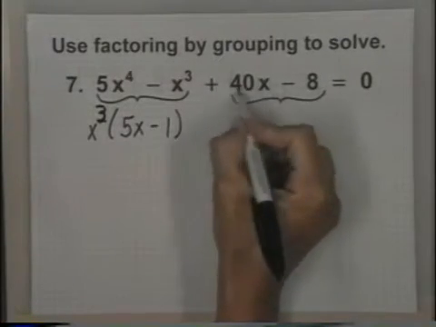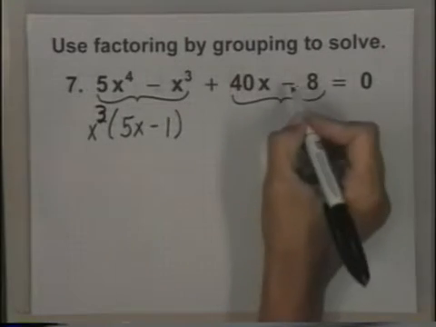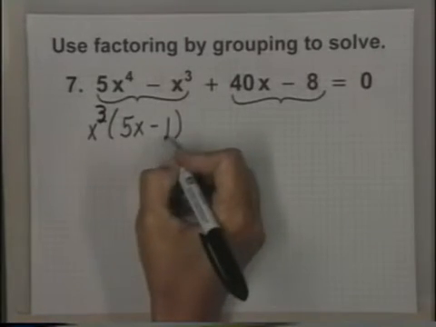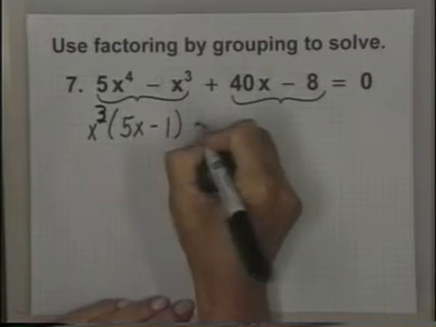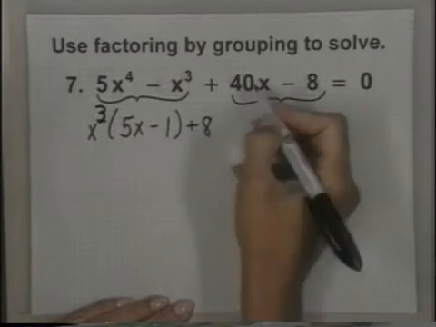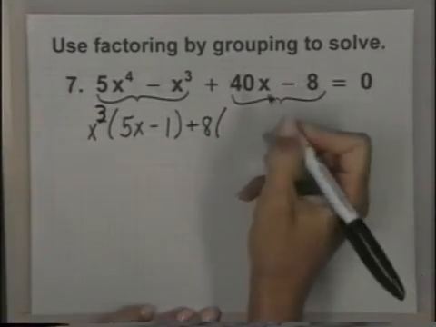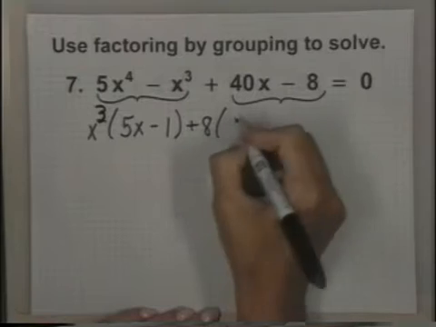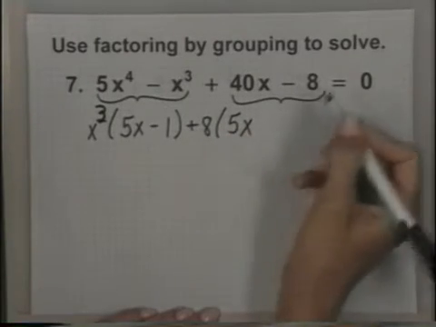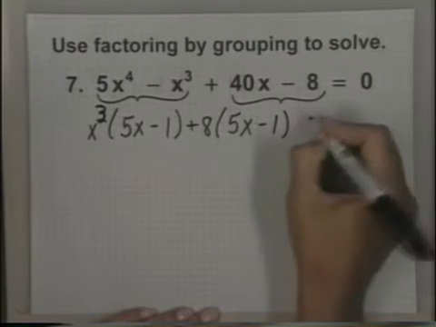Well, we want to factor it out of 40x so that we're left with the positive 5x, and out of negative 8 so we're left with the negative 1. We need to take a positive 8 out of this 40x so that we're left with the positive 5x, right? 40x divided by 8 would leave us with 5x, and negative 8 divided by 8 would leave us with negative 1.